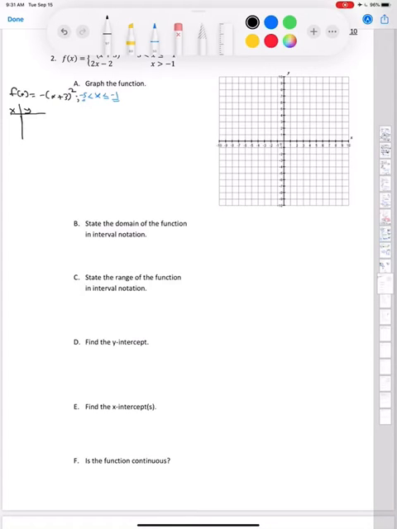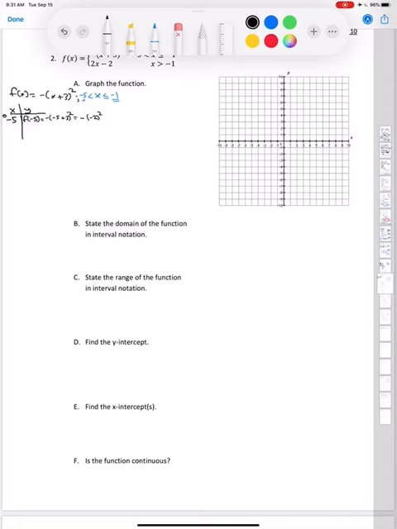So I'm going to start with -5. It has to be greater than -5, and we'll put a little open circle there. As we know, -5 will not be part of the graph because it's greater than, not greater than or equal to. What's the y coordinate? Let's evaluate our function. f of -5 equal to the negative of (-5 plus 3) squared, which is equal to negative of -2 squared.